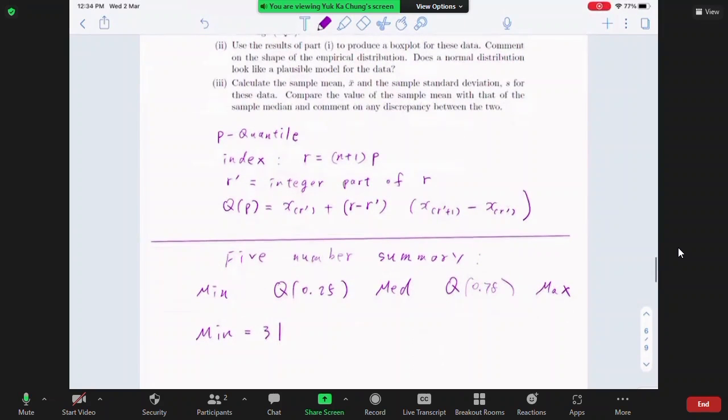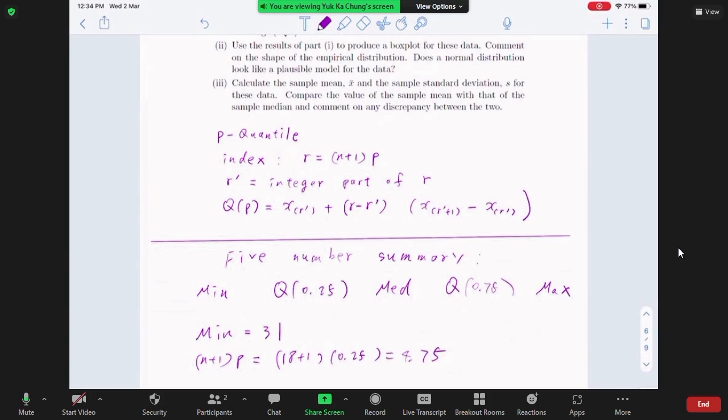Now for the 0.25 quantile, we need to first find the index. So we add 1 to the sample size and then multiply by p, which is 0.25. The index is 4.75. In other words, the 0.25 quantile is located at a number which is ranked 4.75.